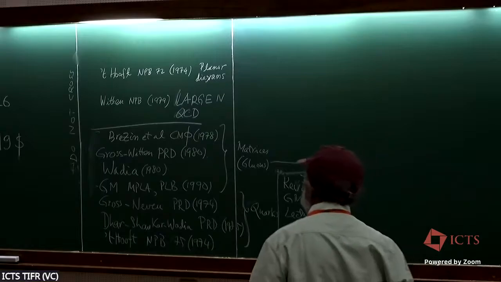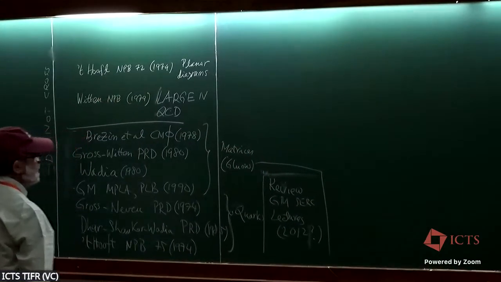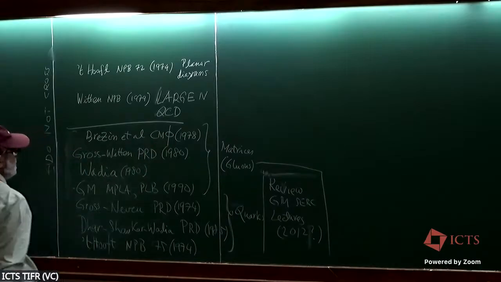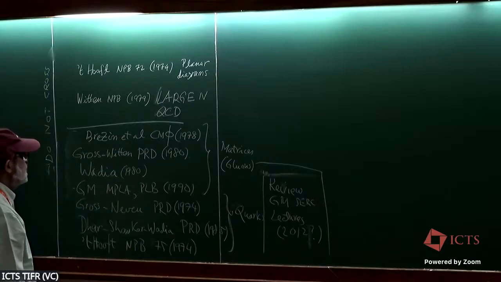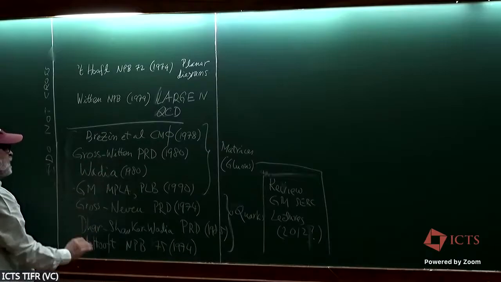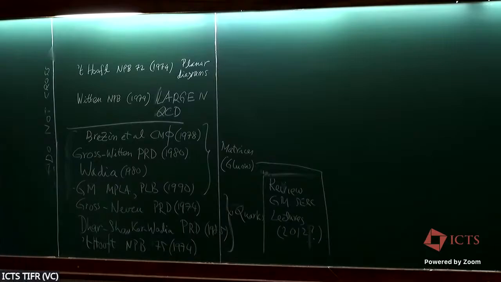And the quantitative papers, so this is something that I hope to cover in the first lecture. This is the Brézin, Itzykson, Parisi, and Zuber paper. And then the papers of Gross, Witten, and Wadia. And there's a paper of mine in 1990, which generalizes some of these things.